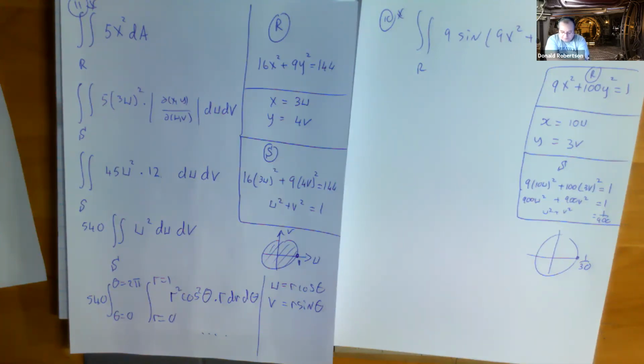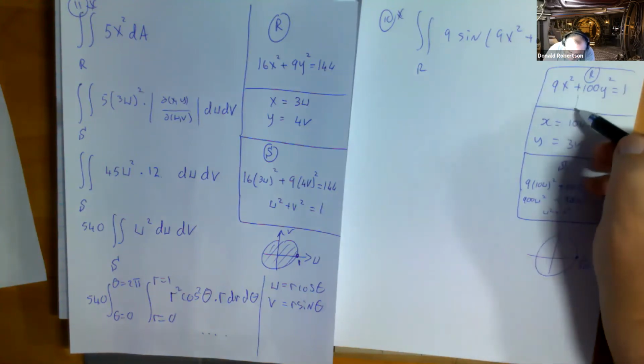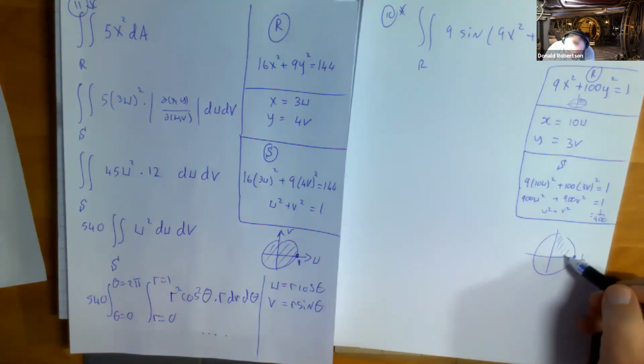Now, I went back to the question and they told me something that I didn't pay attention to, so now I am. It's not the whole ellipse, which would be that. It's only this corner, which means it's only this corner.